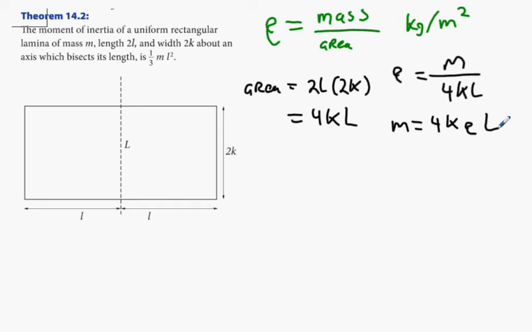Now, we're going to do what we did last time, except we're going to take a little sliver of area. I'm going to take a little sample of area here. Please understand that this area is so thin that the difference between this distance that I define as x and this distance, let's call it x bar, is basically nothing.